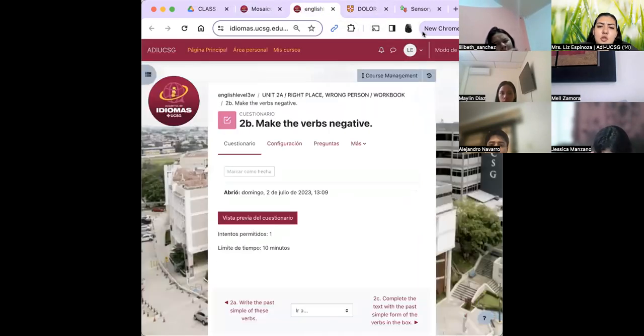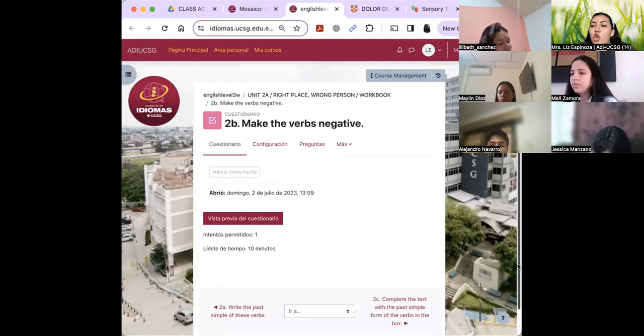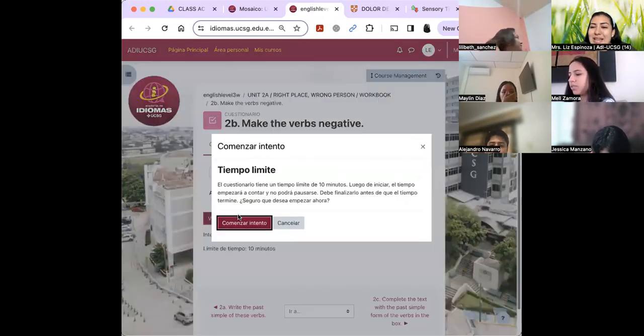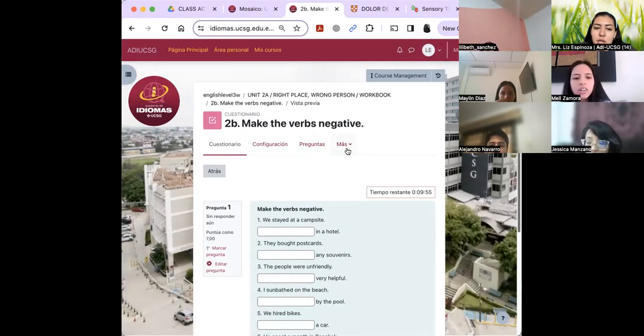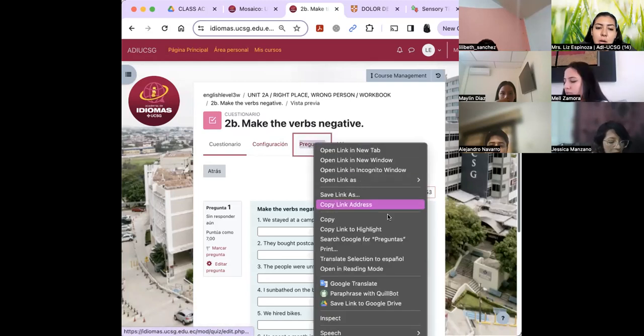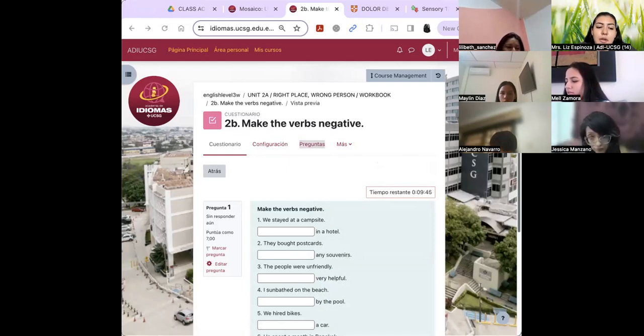I think I already mentioned that we need an auxiliary, right? Instead of don't or doesn't, we're going to use didn't. And if we use didn't, we don't need to change anything in the verb.